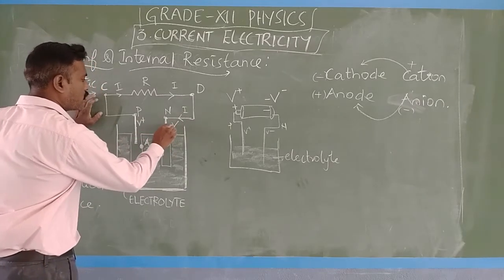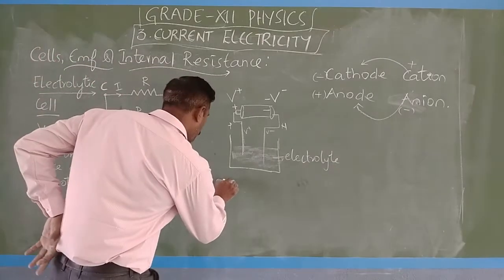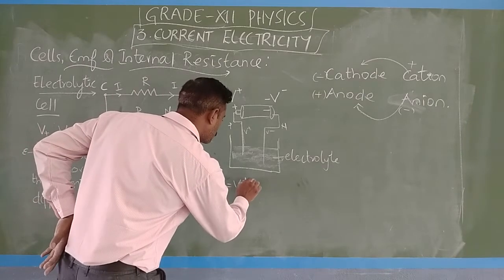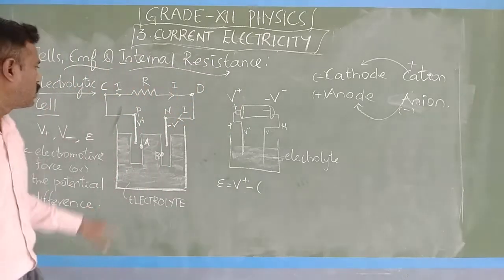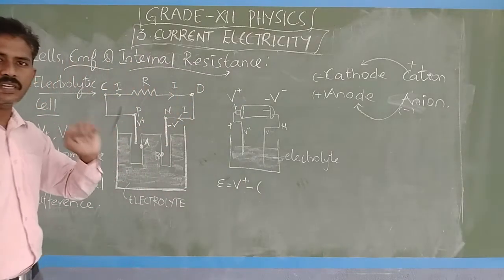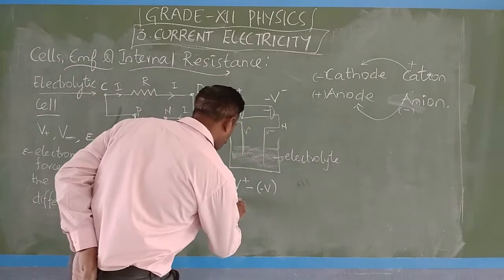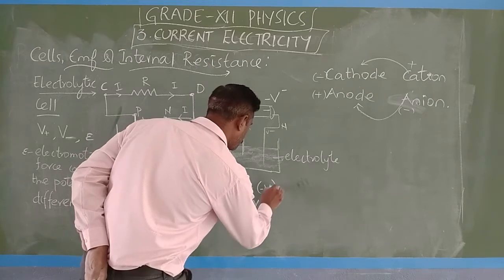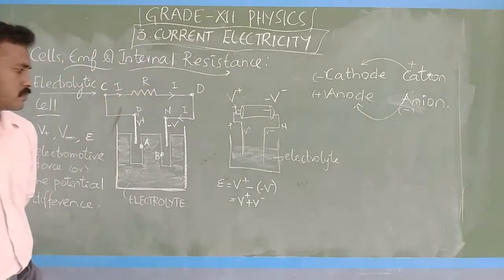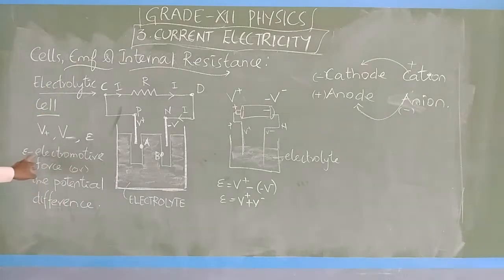The total charge will be denoted as E equal to V plus minus V minus, that is the potential difference. It is denoted by E, or the electromotive force, or the potential difference.